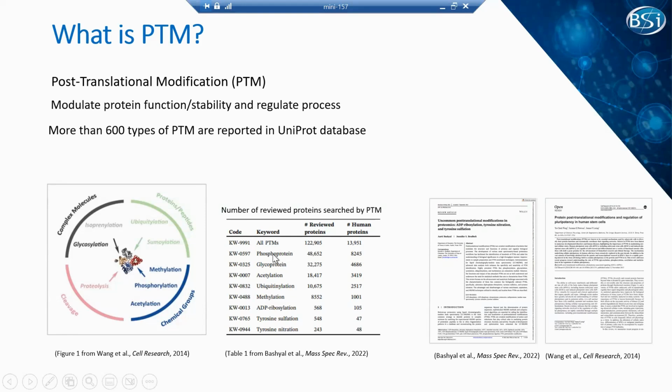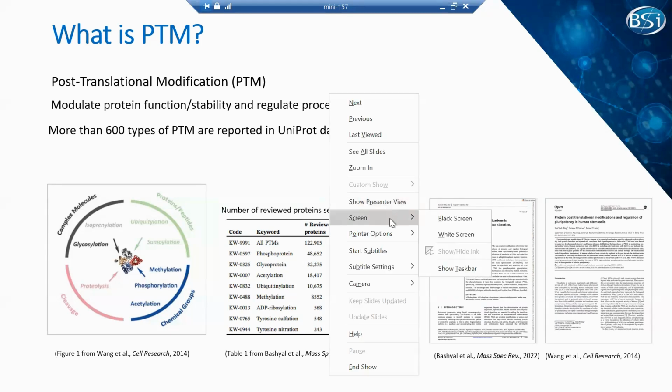If we count the numbers, we have phosphorylation, glycosylation, acetylation, ubiquitin, and so on. So that's the reason why we want to investigate PTMs.